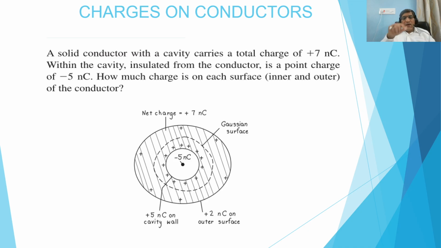As you calculate the charge enclosed inside the Gaussian surface, we have a minus 5 charge and a plus 5 charge, so net charge is 0, and the electric flux is 0. So how much charge is left? Only plus 2 nanocoulomb charge is left, which resides on the outer surface. Hope you understand.